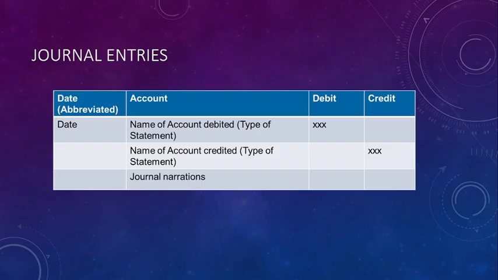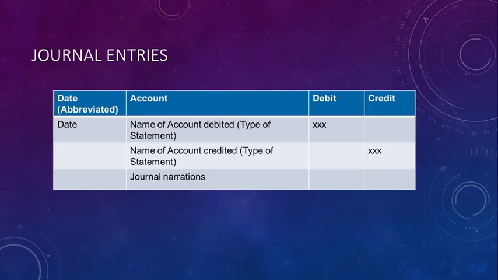Same with the name of the account that is credited. Then you're also going to write your journal narrations, which is basically a short explanation of what is happening in that journal entry, what you did there, and then your debit and your credit needs to both have the same amount, right?